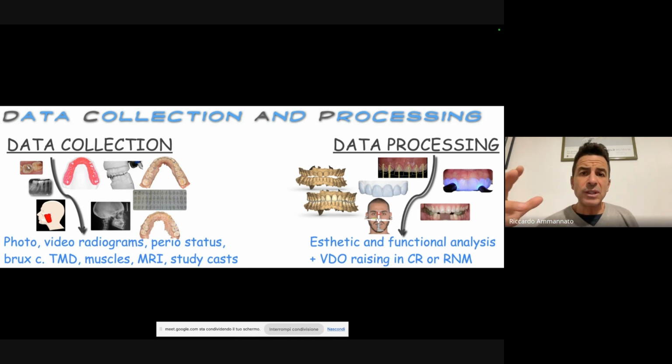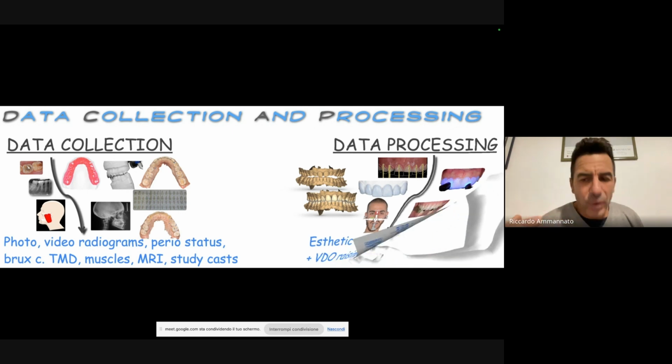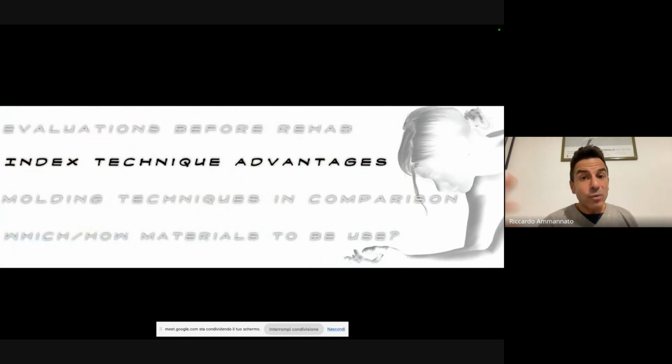And then we want to do the test drive with the provisional, because we want to test the aesthetic, phonetic, function, open vertical, the new static, and the new dynamic. Okay, so all this stuff is very important. Then we can go to our, let's say, definitive restoration in whichever material we want to deliver to that specific patient.